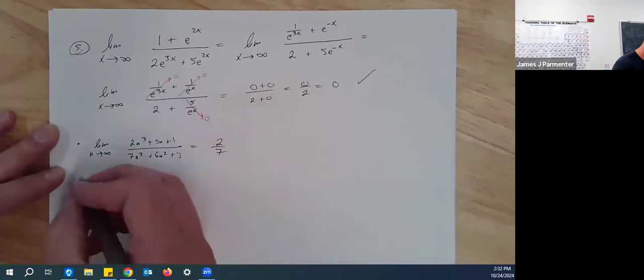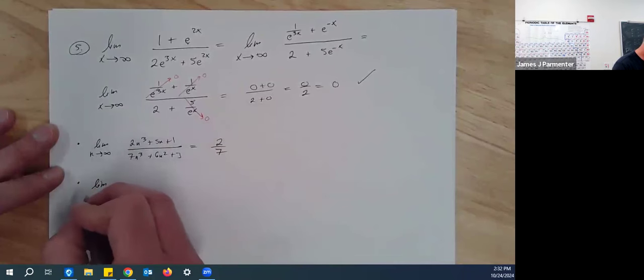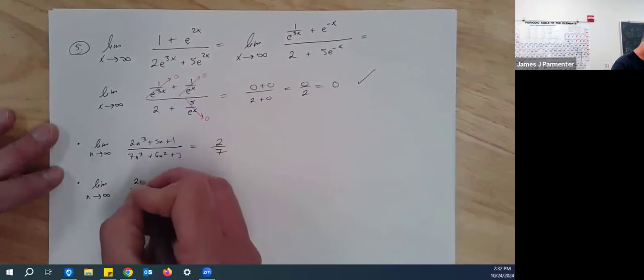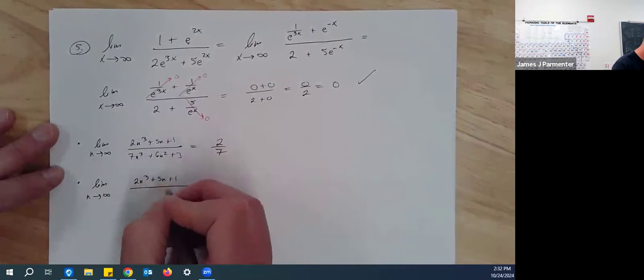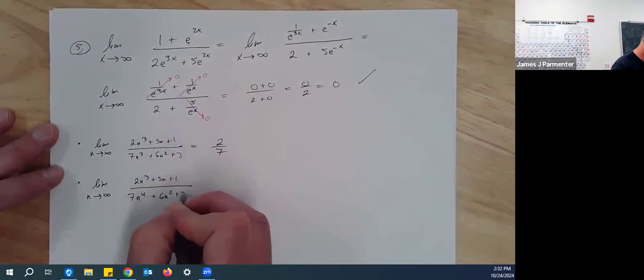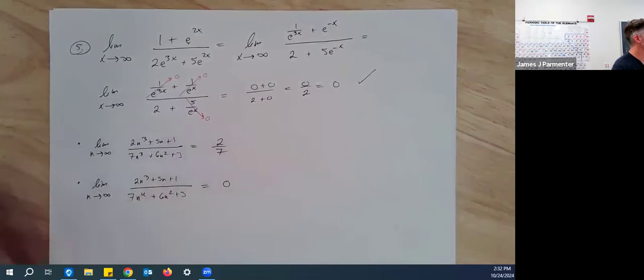On the other hand, if the numerator has a smaller degree than the denominator, so we had something like 2n cubed plus 5n plus 1 over 7n to the 4th plus 6n squared plus 3, then the limit's going to be 0, because the bottom is growing faster than the numerator.